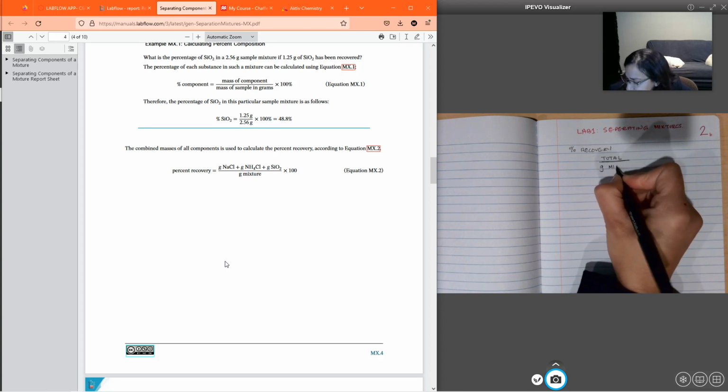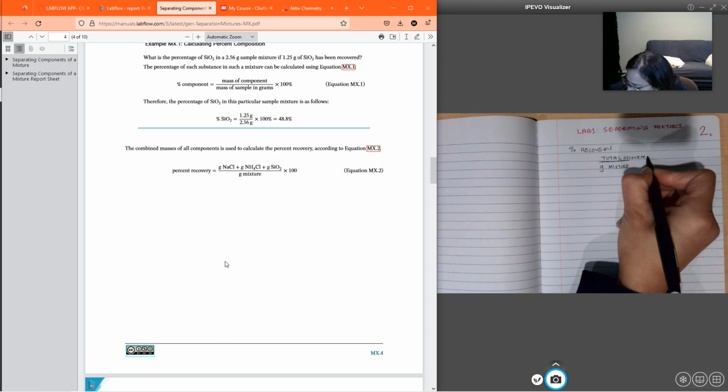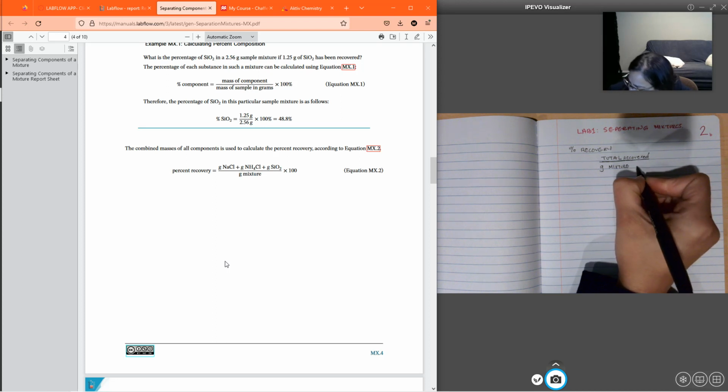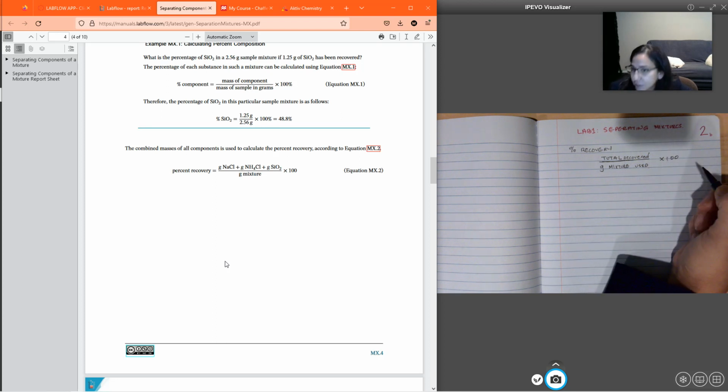In this case, the grams of your mixture. So this is total recovered and grams of mixture used times 100.